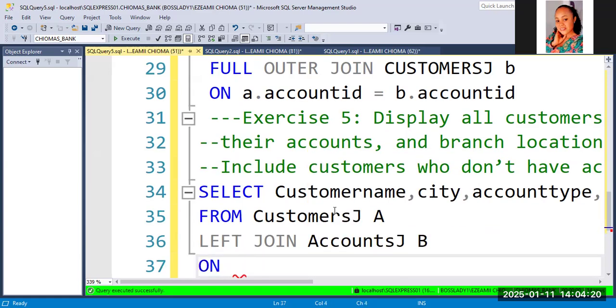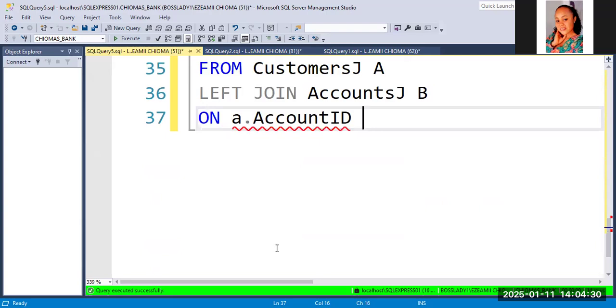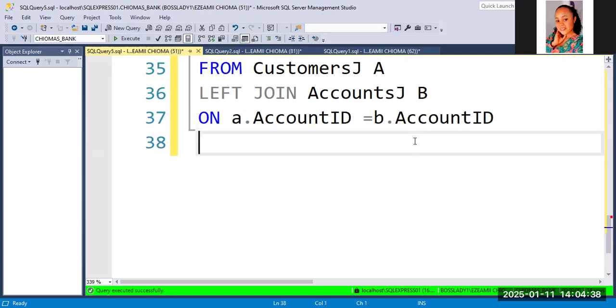What are we joining on? So we joined before on account ID, right? So A dot account ID equals B dot account ID. Because from the question, we need three tables, we also need branch information. So we have to join on branch, right? So also left join branch.